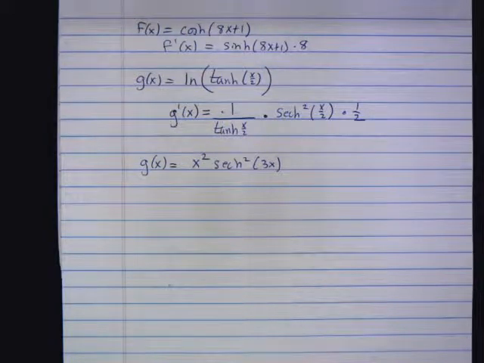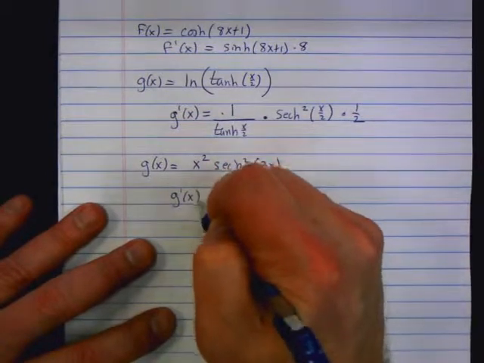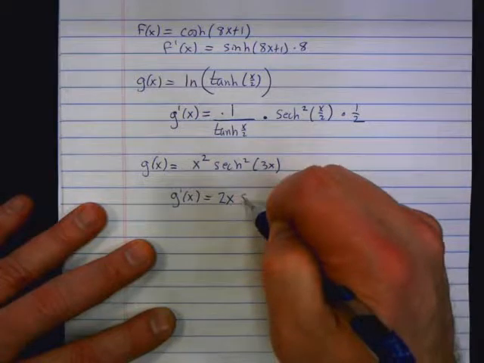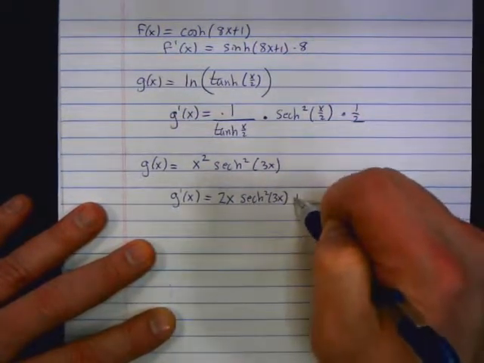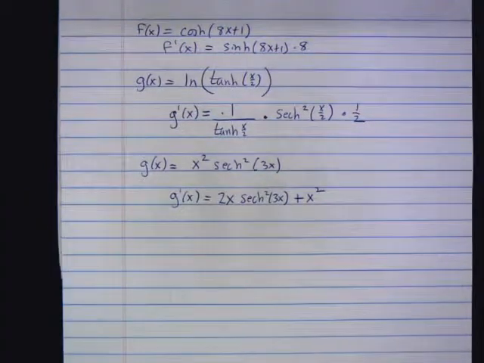What am I going to do this time? Product rule. G prime of x is, I'll do the hard part, the derivative of the first is 2x. I leave the second one alone. Plus, now I leave the first one alone, that's x squared.